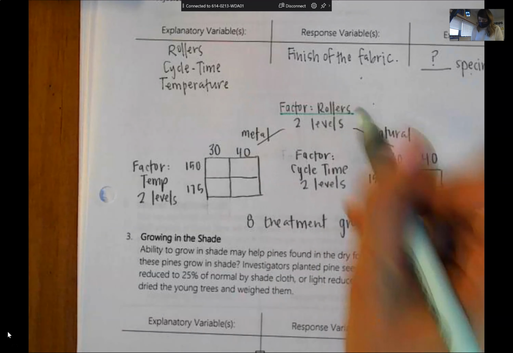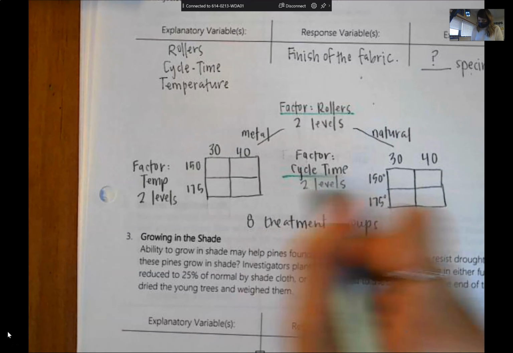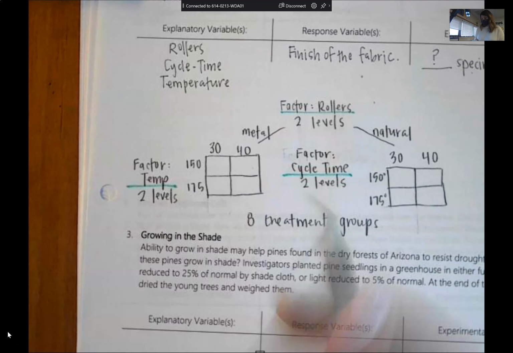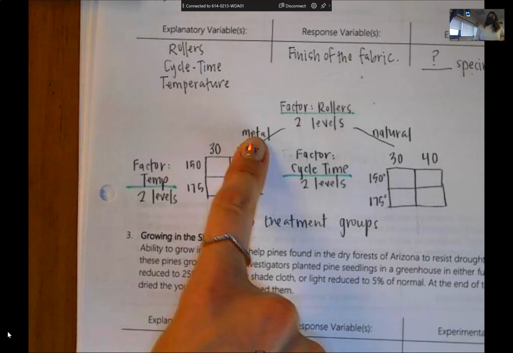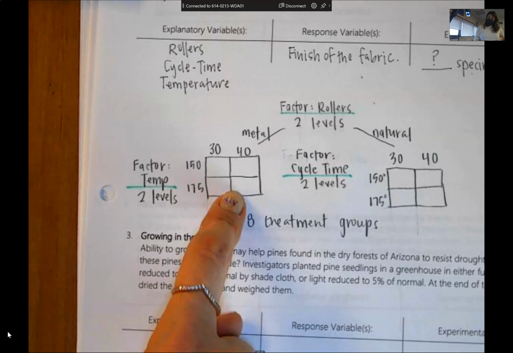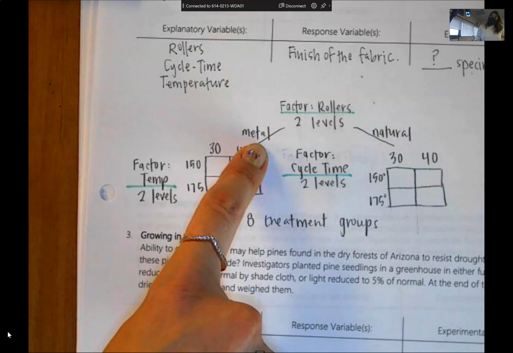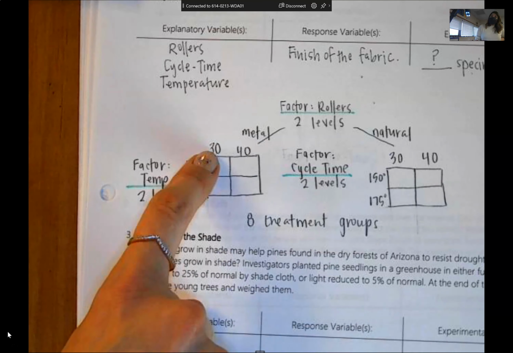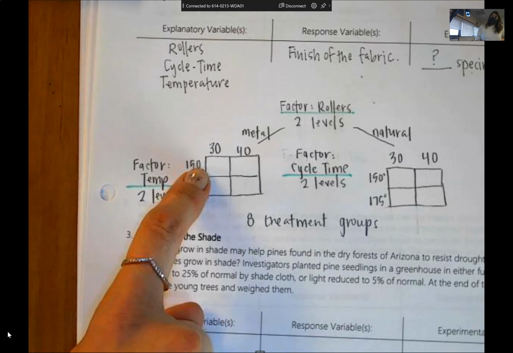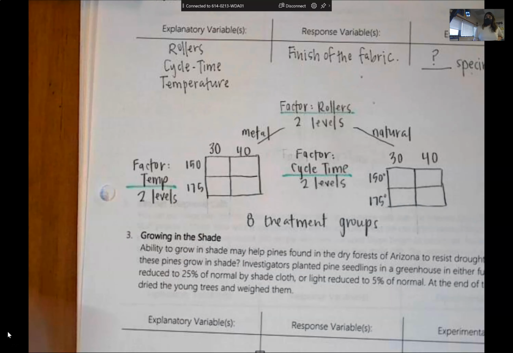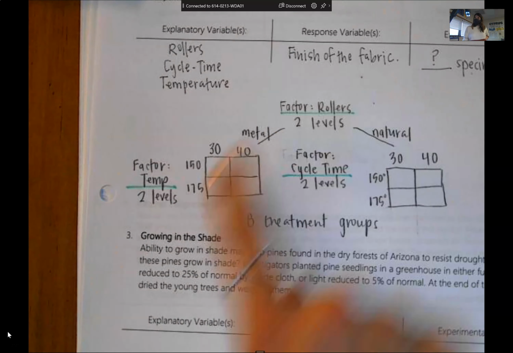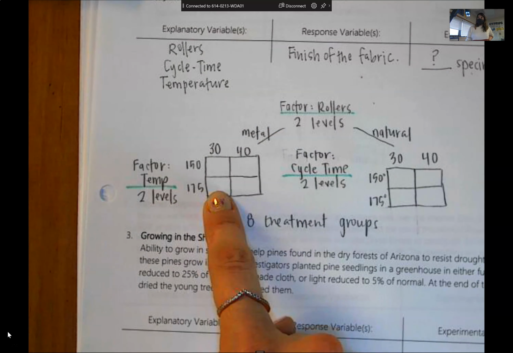We have factor rollers, factor cycle time, factor temp. So 3 factors. When you read this set of treatments, just be careful that you know for the metal roller, you have one that's being timed at 30 minutes at 150 degrees, one at 40 minutes, 150, and so on. So this is all for metal rollers.